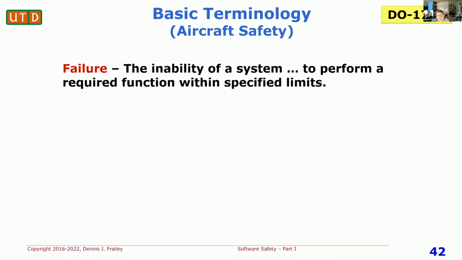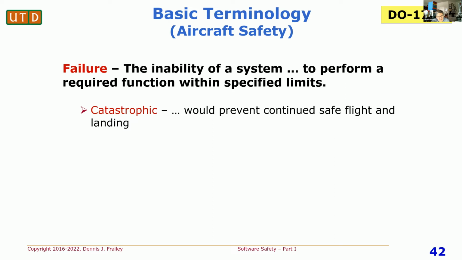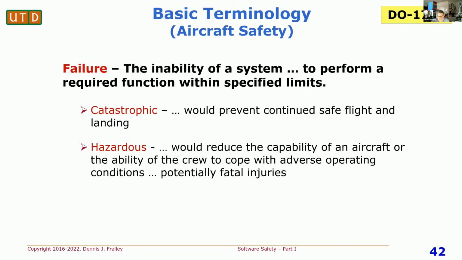A failure is the inability of a system to perform a required function. It's defined as catastrophic if it would prevent continued safe flight or landing. It's called hazardous if it would reduce the capability of the aircraft or of the crew, but it would allow them to cope and avoid potentially fatal injury.